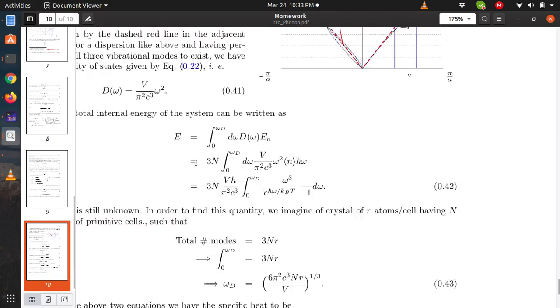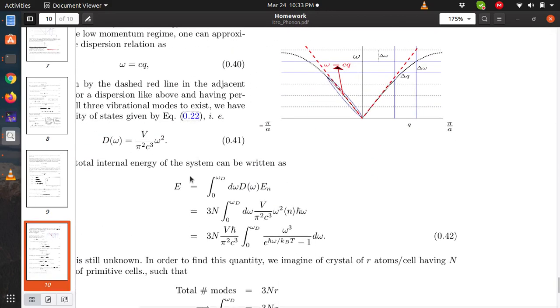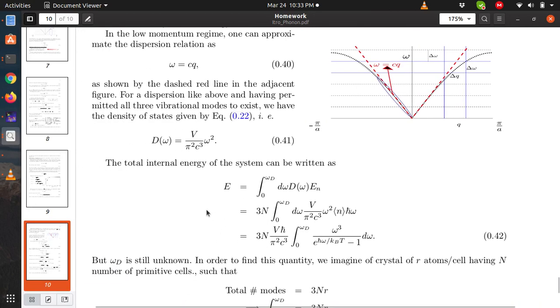So here we are. Now, if you calculate the total internal energy of the system, you can have the integration from 0 to some maximum energy omega D, which we're going to discuss later, what this omega D will look like.